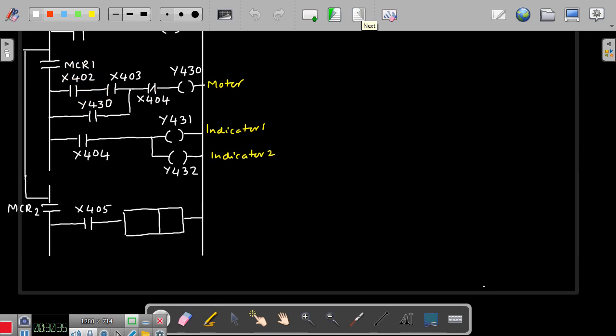Okay, and this one will now set your output Y433. It will set Y433.